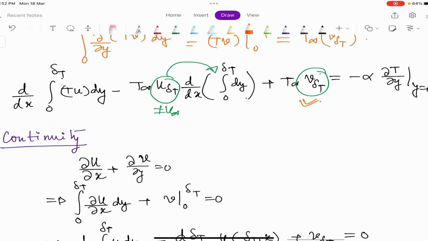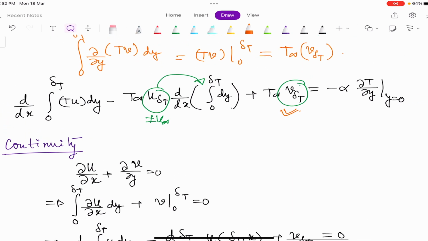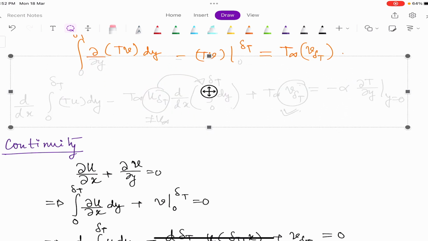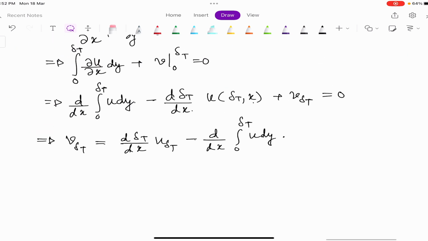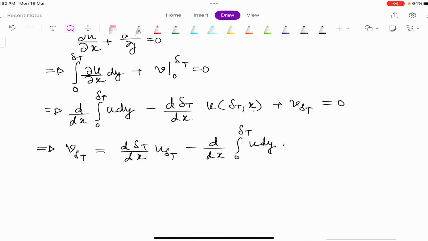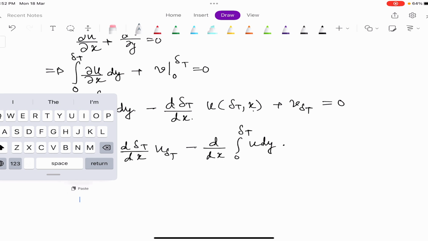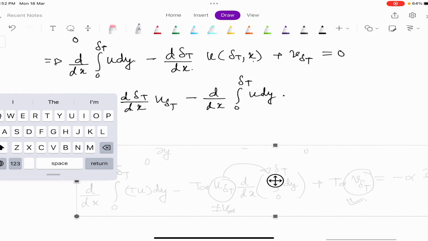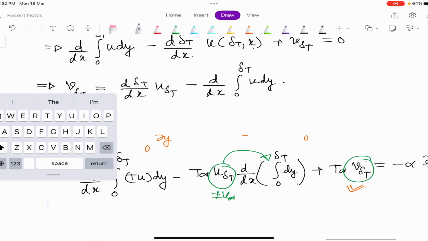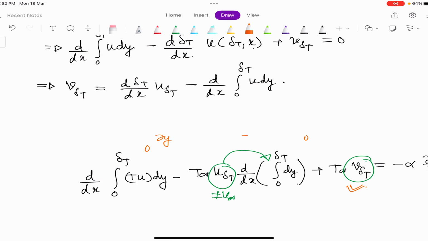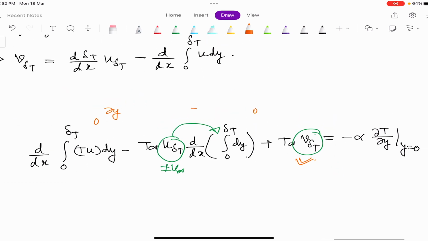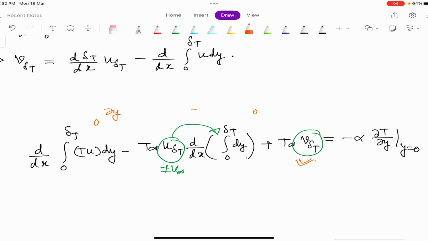So let me copy this equation and paste it here.